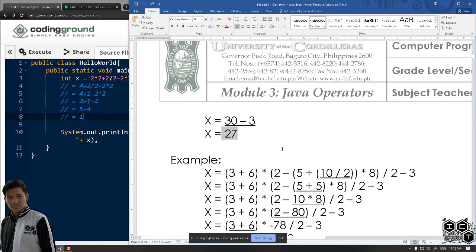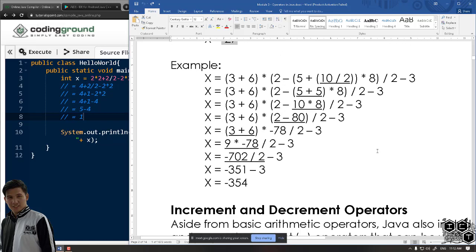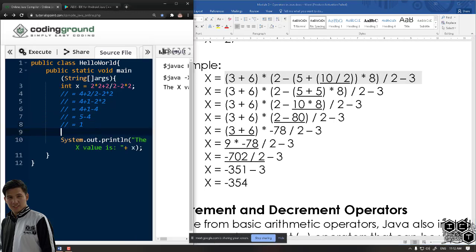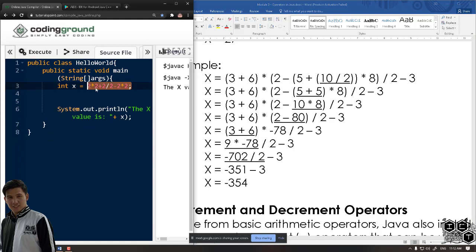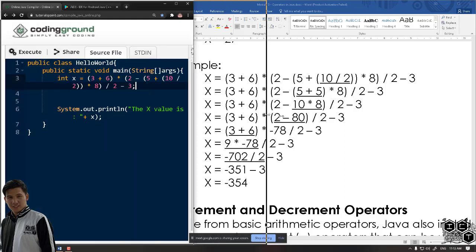Okay? So, let's proceed. Ito, medyo challenge ng konti. Challenge to in such a way na I used what we call grouping symbols. Parentheses, mga ganyan, brackets, curly braces. Now, as you can see from this equation here, medyo, alam ko, nakakalito na yan pag tinitignan natin ng matagalan.